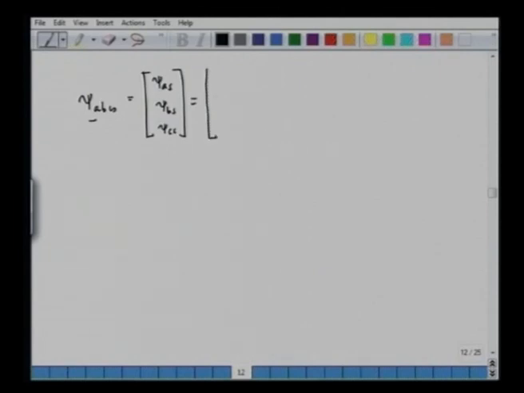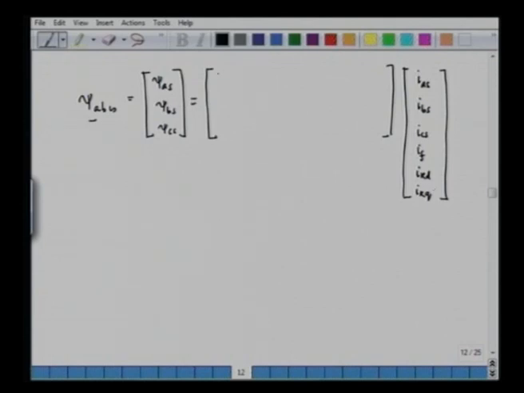So, we can say that this particular flux linkage can be written in this particular form, with the currents IAS, IBS, ICS, IF, IKD and IKQ.